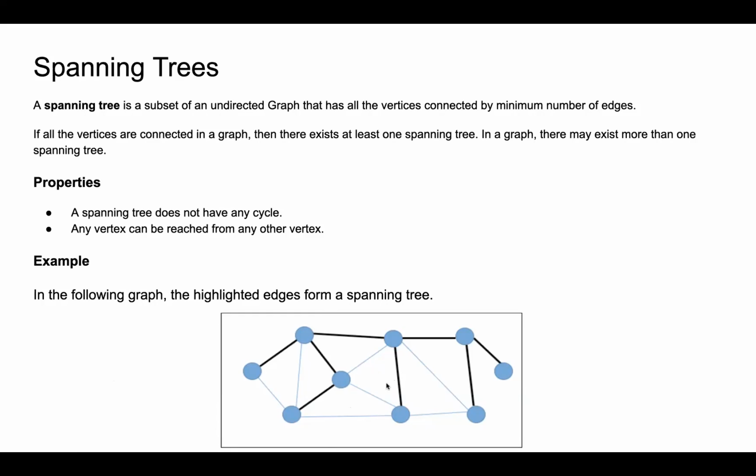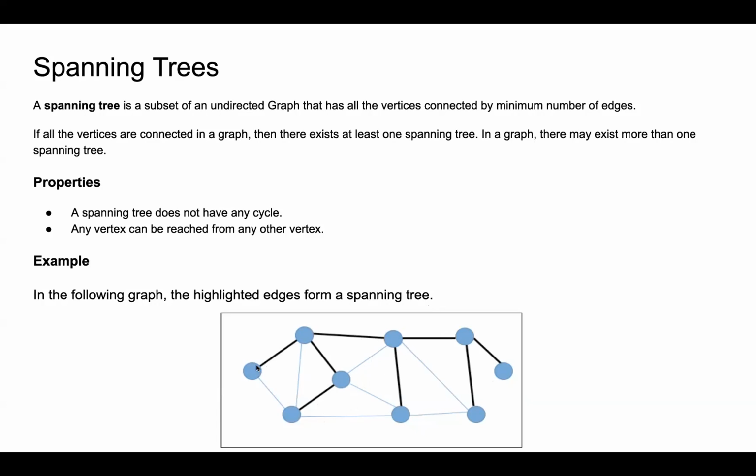Getting this concept, the minimum number of edges it will require is 8 for joining the 9 vertices. So it is one of the main properties of a spanning tree. If n vertices are there in the graph, then the spanning tree will contain n minus 1 edges.